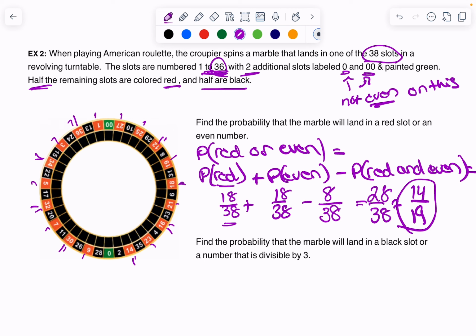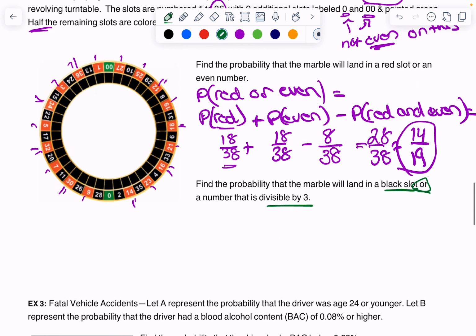Now, next, we're going to find the probability that the marble will land in a black spot or a number that is divisible by 3. So probability of black or divisible by 3.